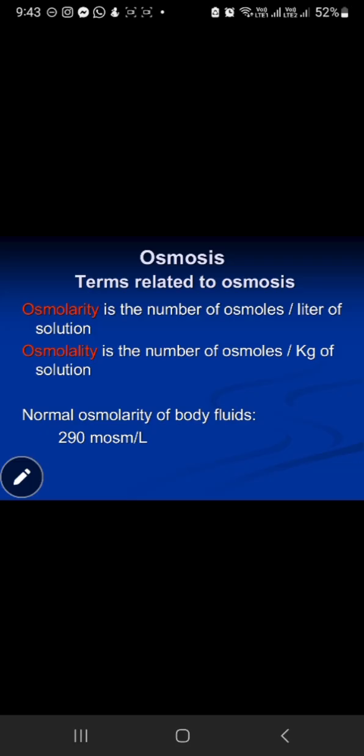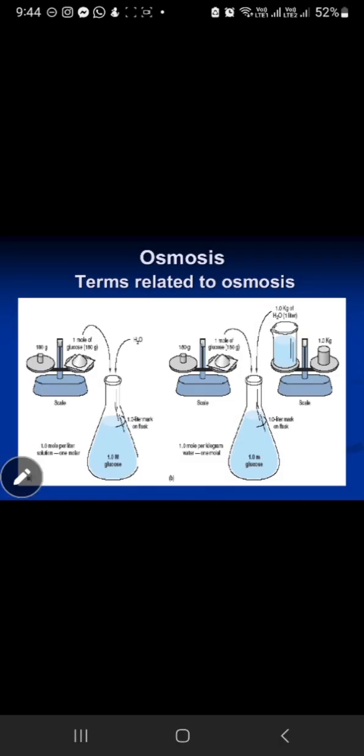It means that there is a power of osmosis in each solution or weight of fluid. The normal osmolarity of body fluids is 290 milliosmol per liter. That number is for memorizing. You should go into the exam having memorized such a number. Okay. So again, we mentioned osmolarity and osmotic pressure.